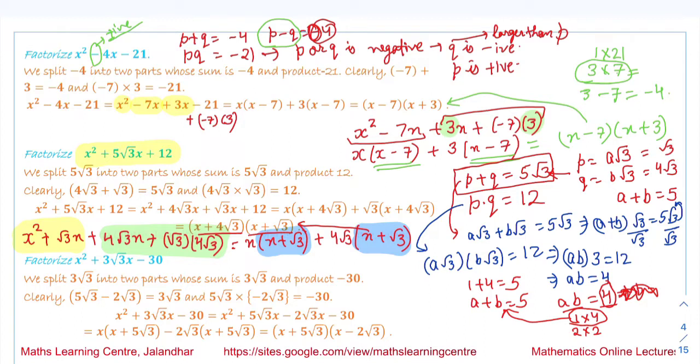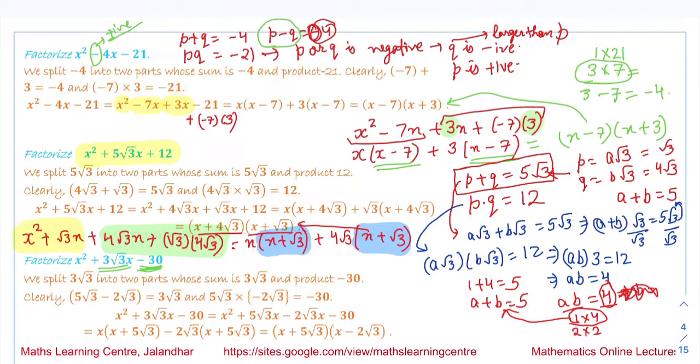Similarly, in the next question, we have the product should be minus 30, and the sum should be 3 root 3. Now, if the product is minus 30, it means that one of the numbers is negative, one of the numbers is positive.